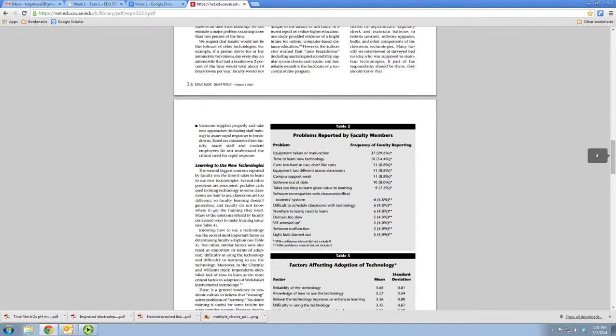What do we have? Problems reported by faculty members. Frequency of faculty reporting. The most is equipment failure or malfunction. So this is probably one of the why nots of technology adoption or integration or facilitation of technology in the classrooms, because we often get frustrated with technology.